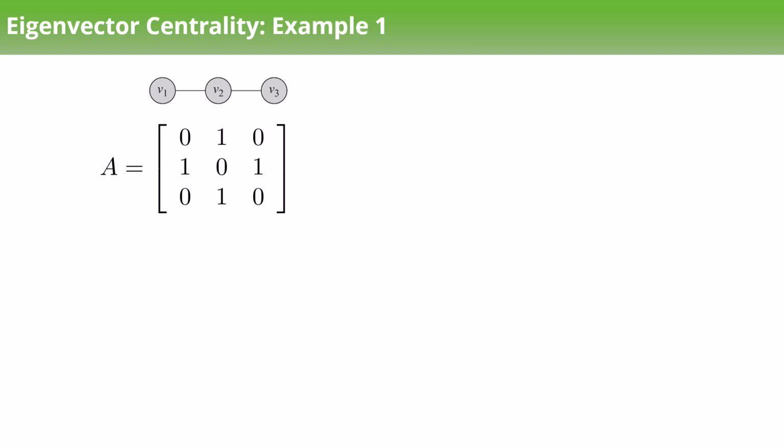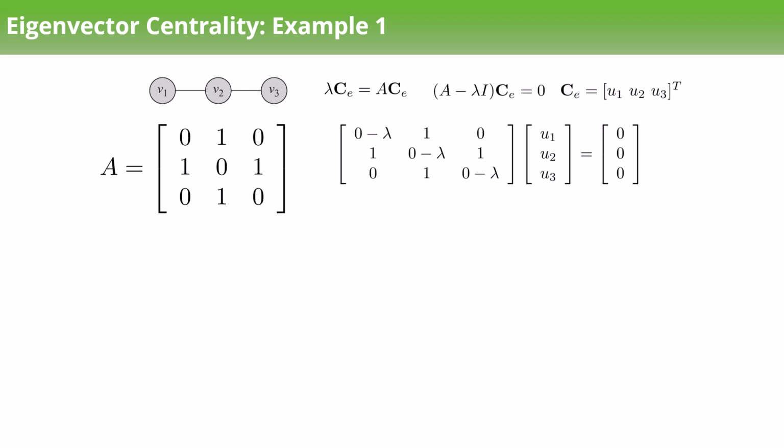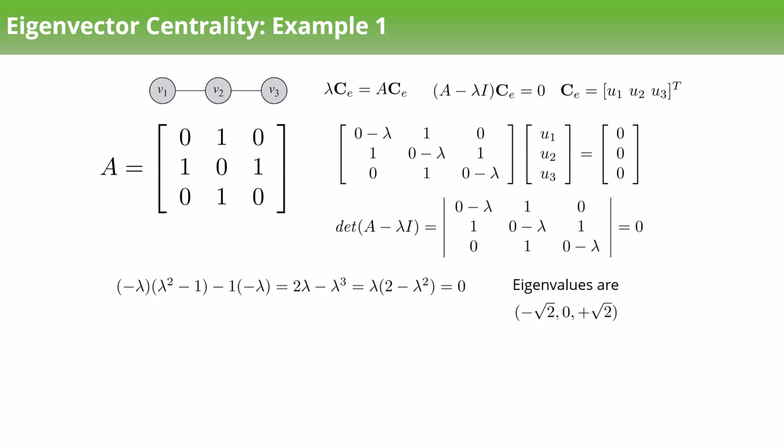So, eigenvector centrality example. The adjacency matrix A is 0, 1, 0, 1, 0, 1, 0, 1, 0. So now we calculate the equation lambda c equal to A c, so (A minus lambda I) c is equal to 0. So determinant of (A minus lambda I) equal to 0. So we are calculating the eigenvalues: minus root 2, 0, plus root 2.